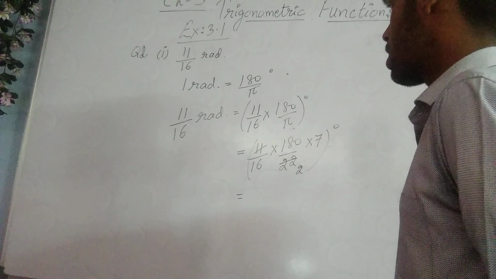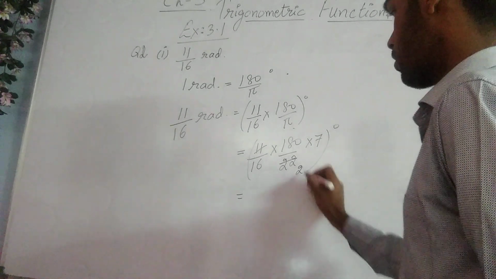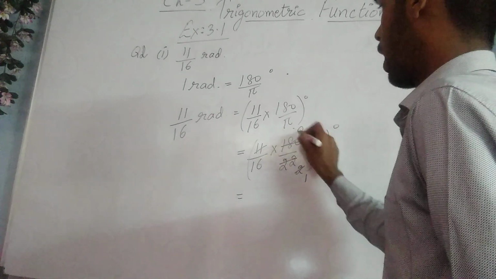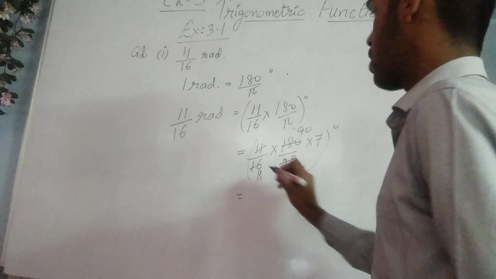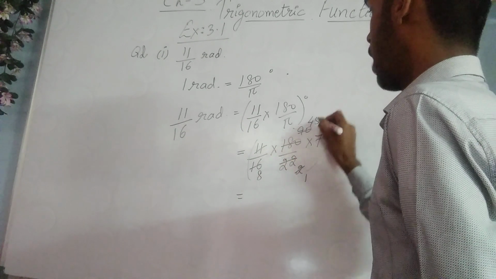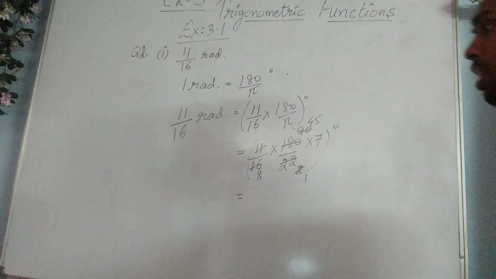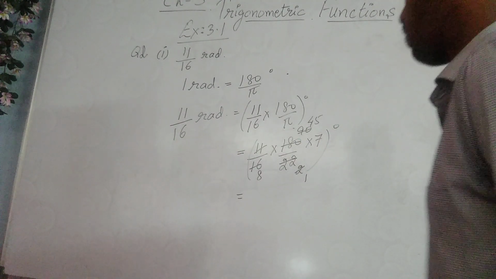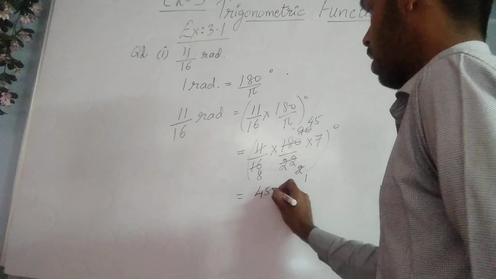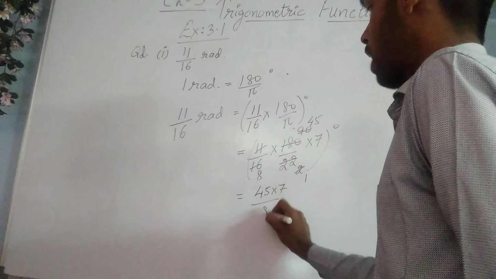Again you can eliminate 2 by 90, then this 8 or 45. I don't think that anything more will be getting cancelled over here, so the remaining thing will be 45 into 7 upon 8.